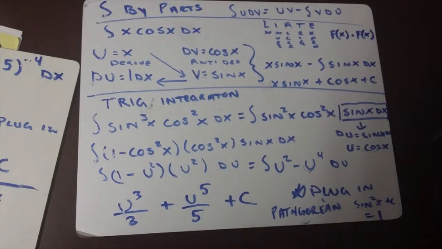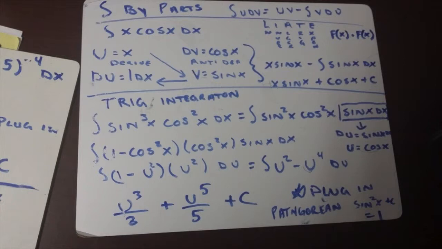In order to identify what is your u and what is your dv in the equation, you will use the simple acronym LIATE, which stands for natural log, inverse, algebra, trig, and exponents. You identify integration by parts by noticing that most problems are a function times another function.